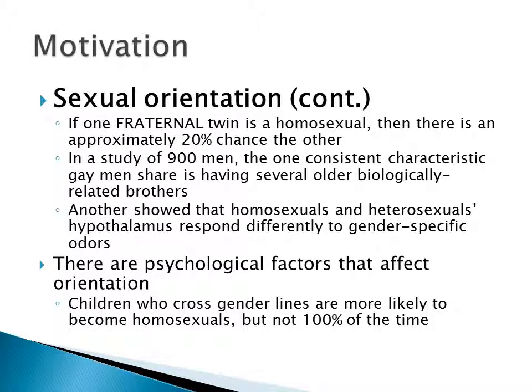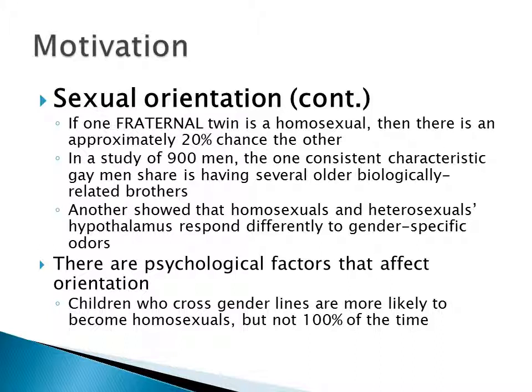If one fraternal twin is homosexual, then there is an approximately 20% chance that the other will be. In a study of 900 men, the one consistent characteristic gay men shared is having several older, biologically related brothers.